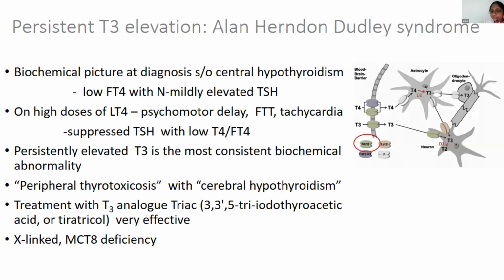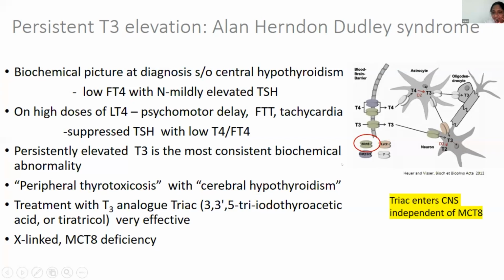What happens here is that for T3 to go into the CNS, it actually needs the MCT8 transporter. If that doesn't happen, T3 will not go in. So there is a peripheral thyrotoxicosis because we are giving thyroxine, but it does not go into the brain, and there's a cerebral hypothyroidism.